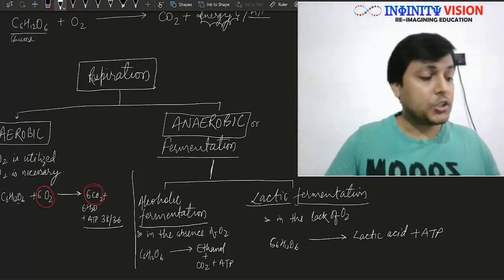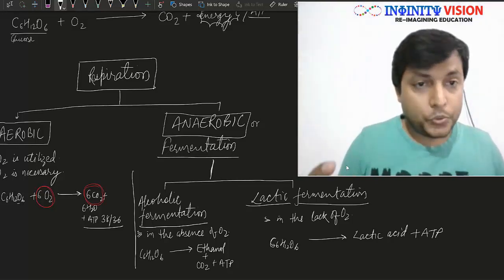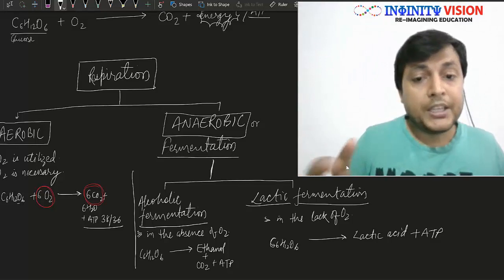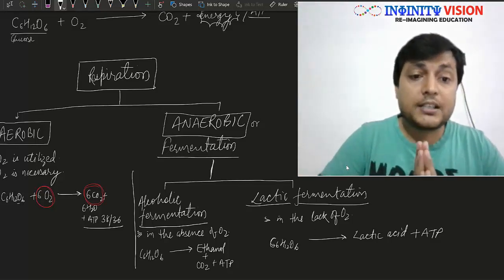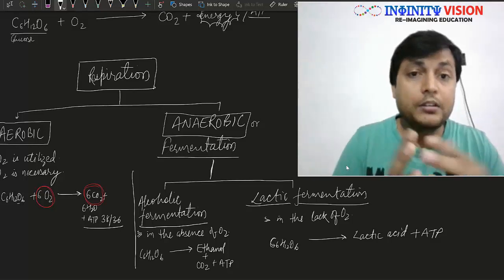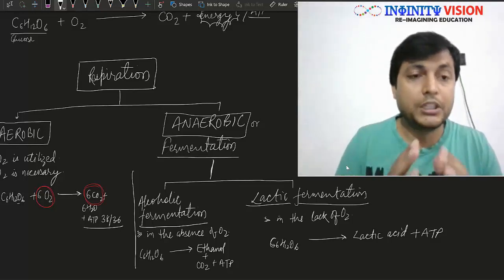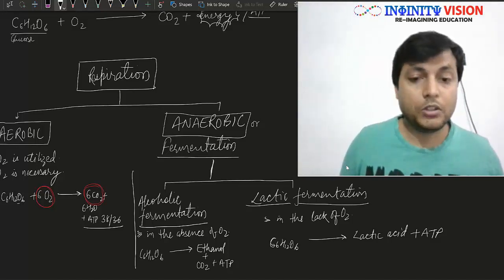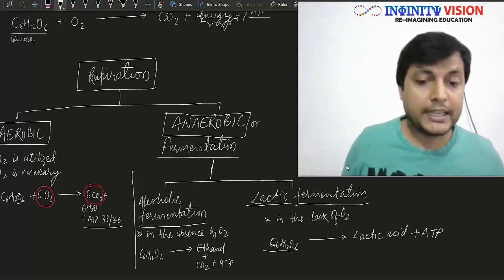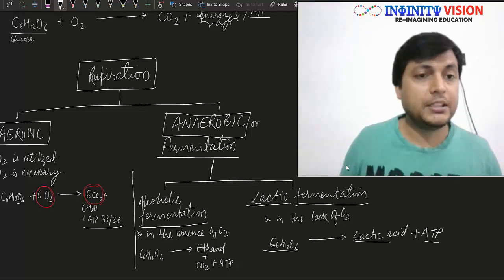Can you see? So why am I showing these two reactions? Remember, in case of lactic fermentation, none of the gaseous molecules are required or formed. There is no involvement of any gaseous product or molecule. No gas. Lactic acid, ATP, nothing is gaseous.